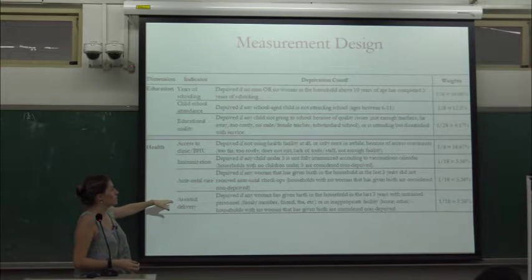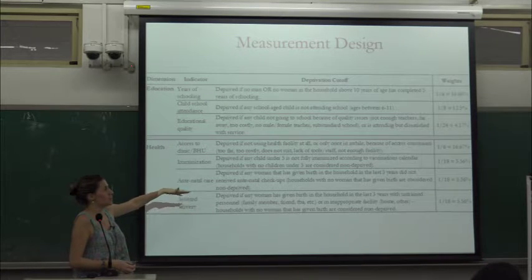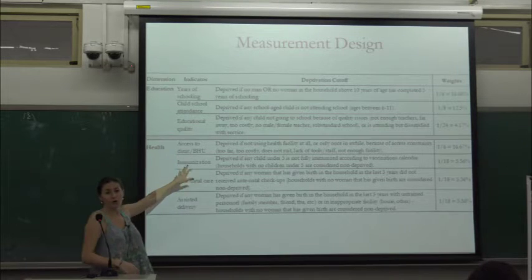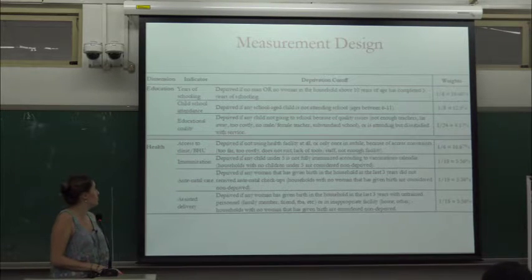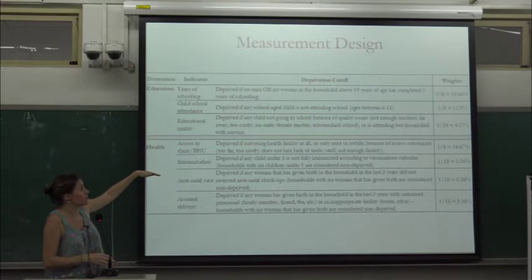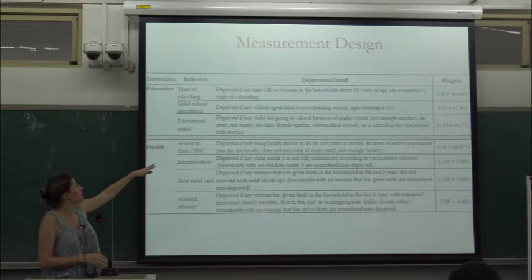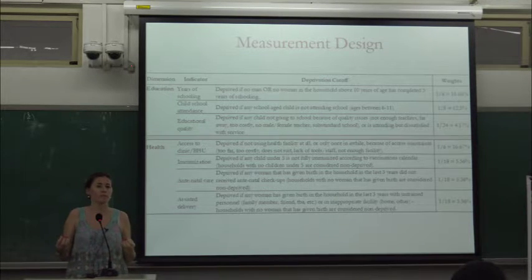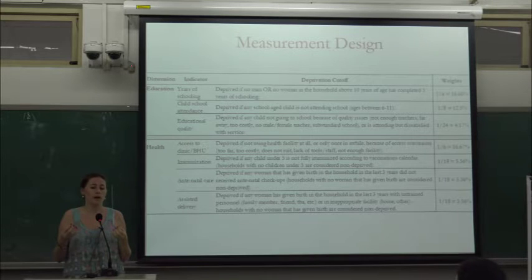If you take a look, they are actually receiving the same weight altogether as just this one indicator on access to clinic. Then something similar happened with the other indicators in the case of education. This indicator on educational quality has a subjective component. And subjective questions are very interesting, but they are not always that reliable.